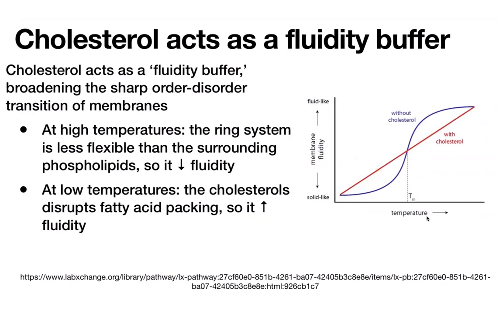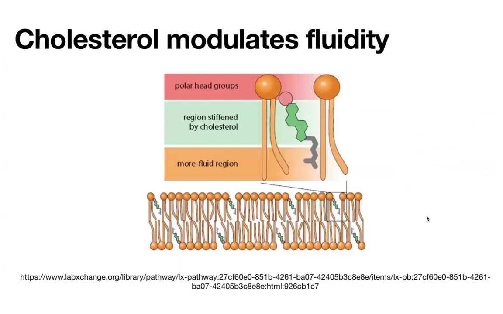In order for a buffer to be a buffer, we need it to be helpful at low temperatures too. And at low temperatures, we would need it to increase the fluidity. And it does this because it's interrupting the packing of these phospholipids next to one another. So at lower temperatures, it's preventing things from forming those interactions that would hold things in place.